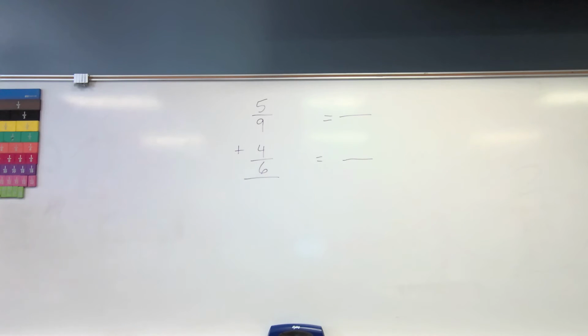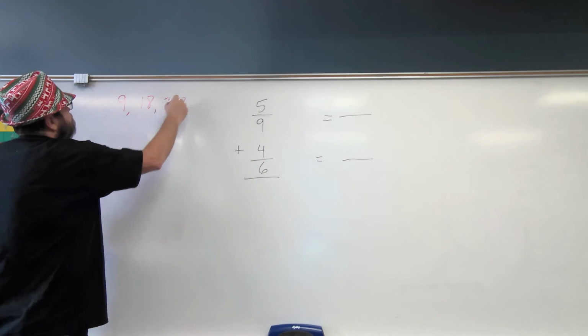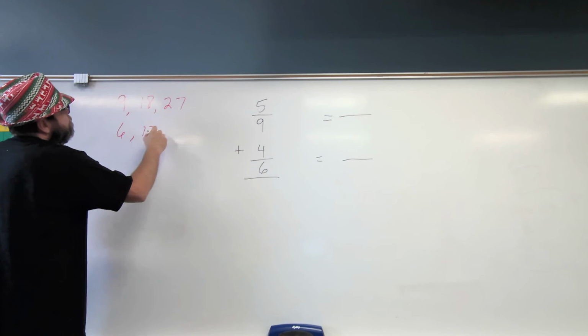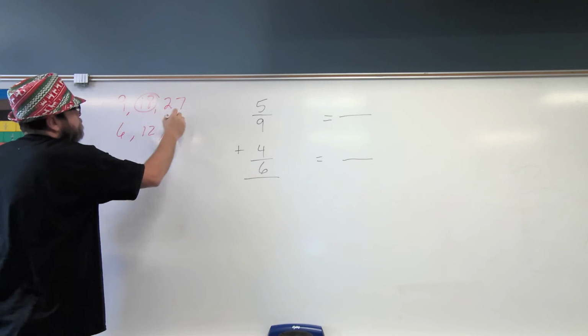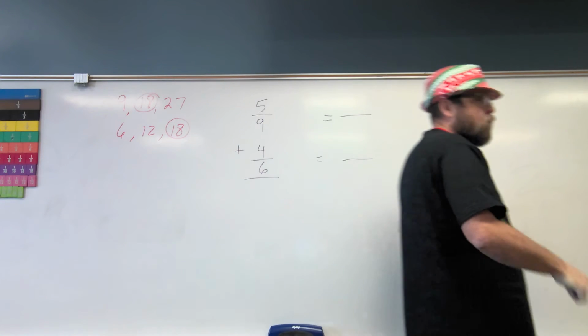So luckily for you, you have a multiplication chart at your disposal. And you're going to look at the row that starts with 9 and the row that starts with 6. And you're going to find the first number that shows up in both of them, which would be what? 18 is the first number that appears in both of them.